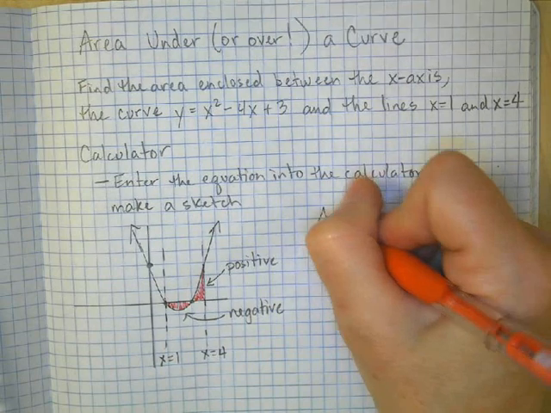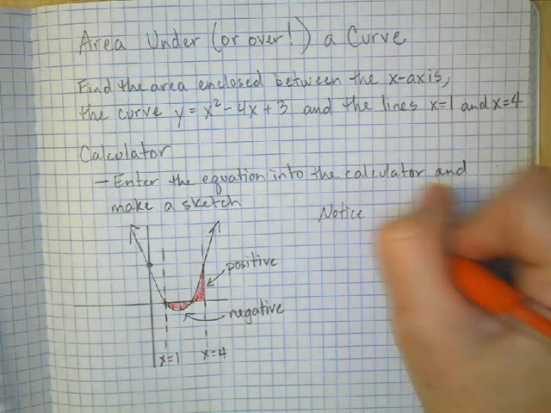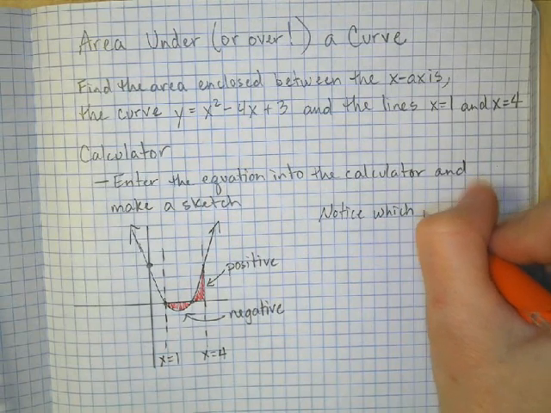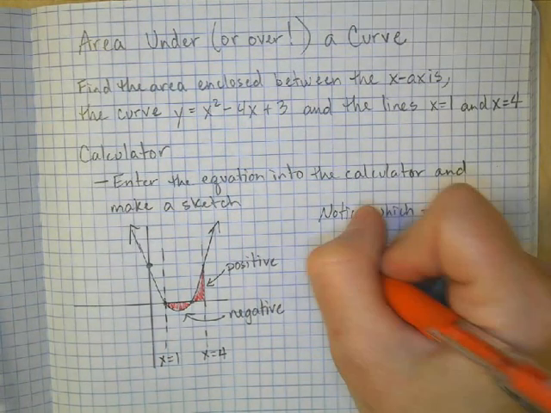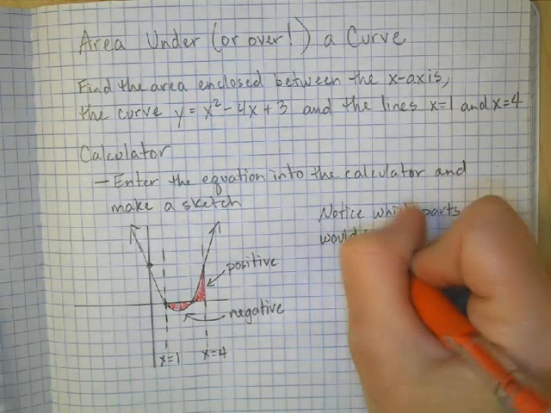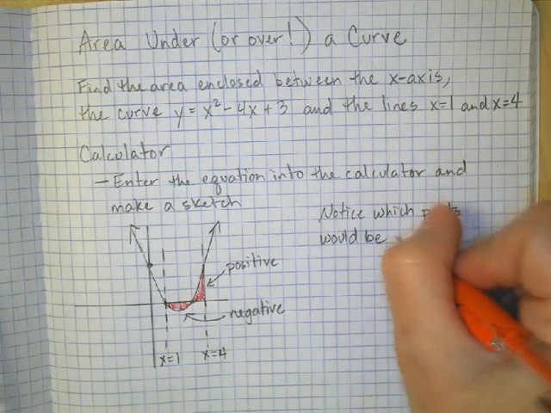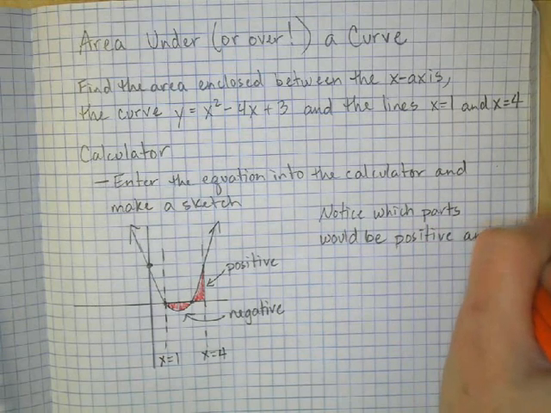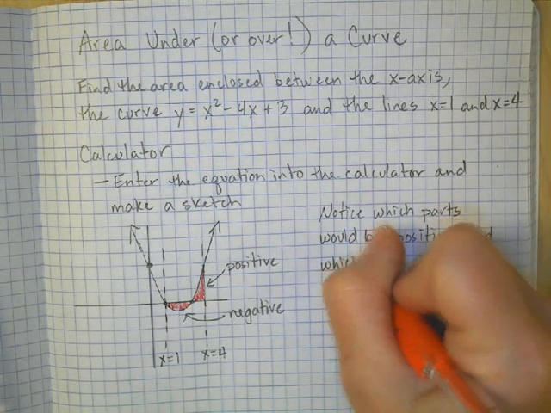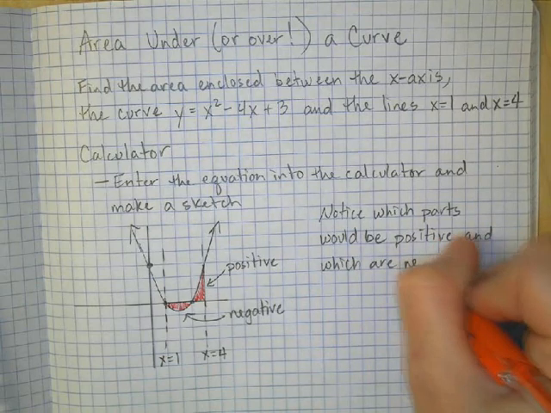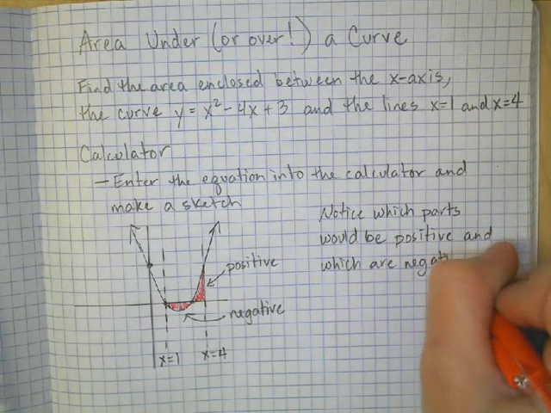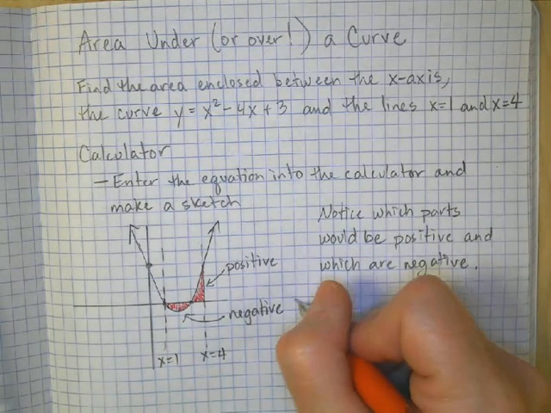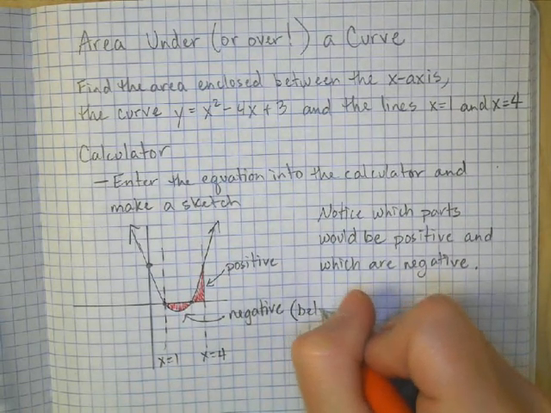So notice which parts would be positive and which are negative? Okay, so this part would give me positive, this would be negative, this is negative because it's below the x-axis.